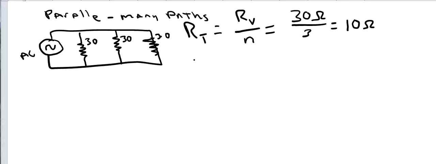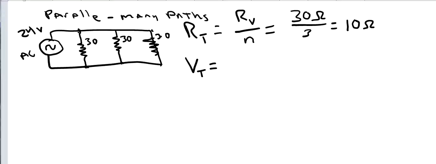In terms of voltage, total voltage, the voltage is going to be the same as the source voltage. So the voltage across these loads here is going to be the same as the voltage source. In this case, let's just say that we were using 24 volts.